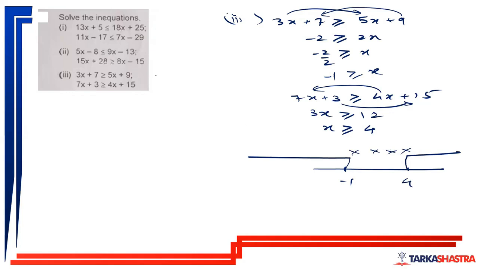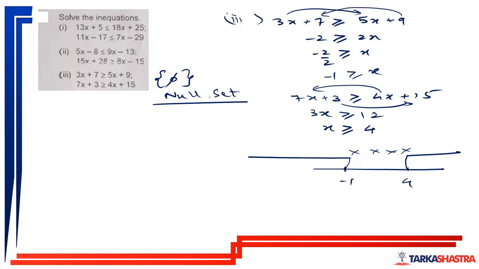That is why we say that this is a null set. None of the values of x satisfies both the inequalities, and that is why it is a null set.